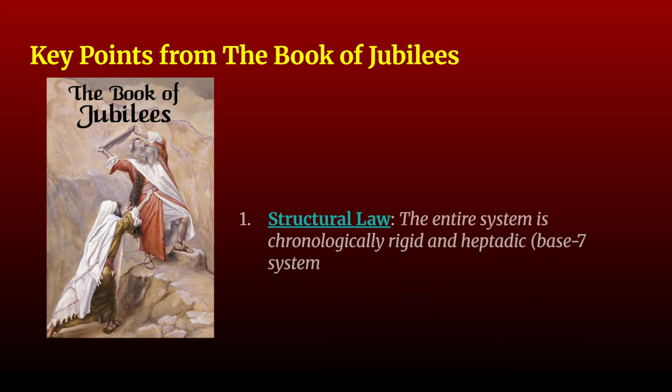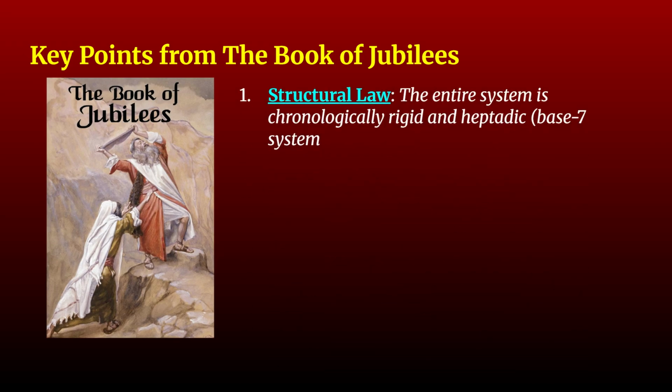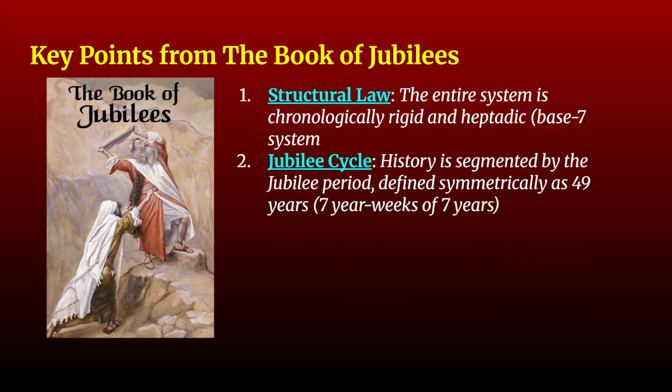Key points. First, structural law. The entire system is chronologically rigid and heptadic, which means base 7. The Jubilee cycle. History is segmented by the Jubilee period, defined symmetrically as 49 years, which is 7-year weeks of 7 years.